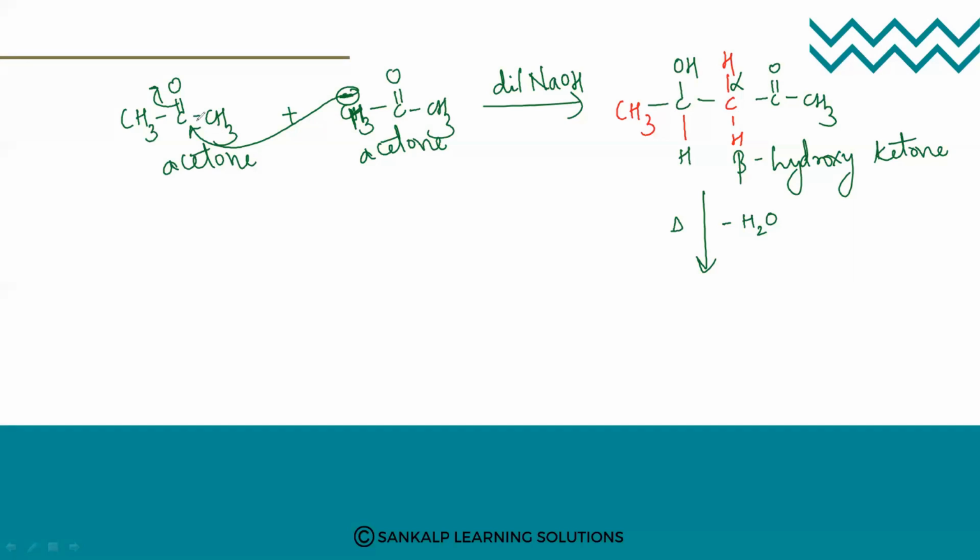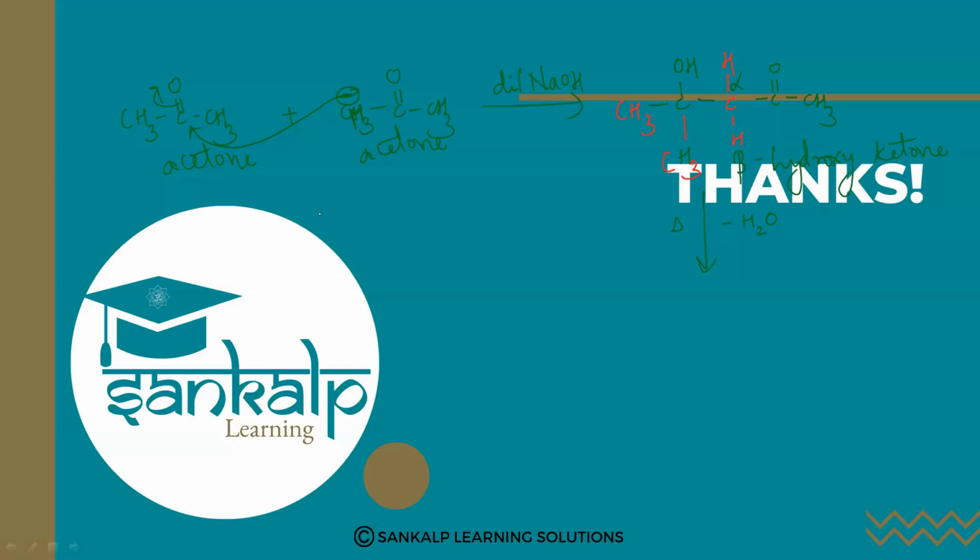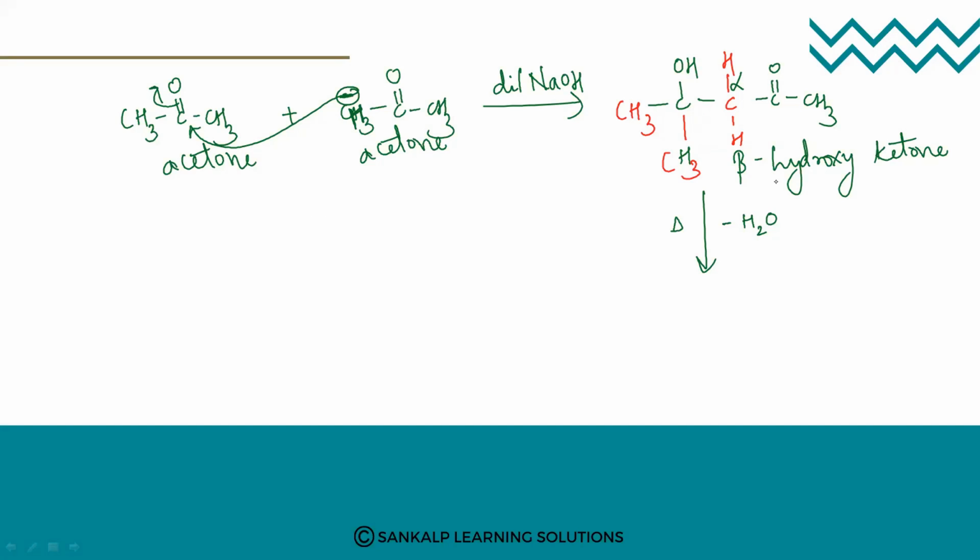This is CH3, C, double bond O, and this is CH3 again. Now what will happen? This is alpha, this is beta. The water molecule will be lost from here.